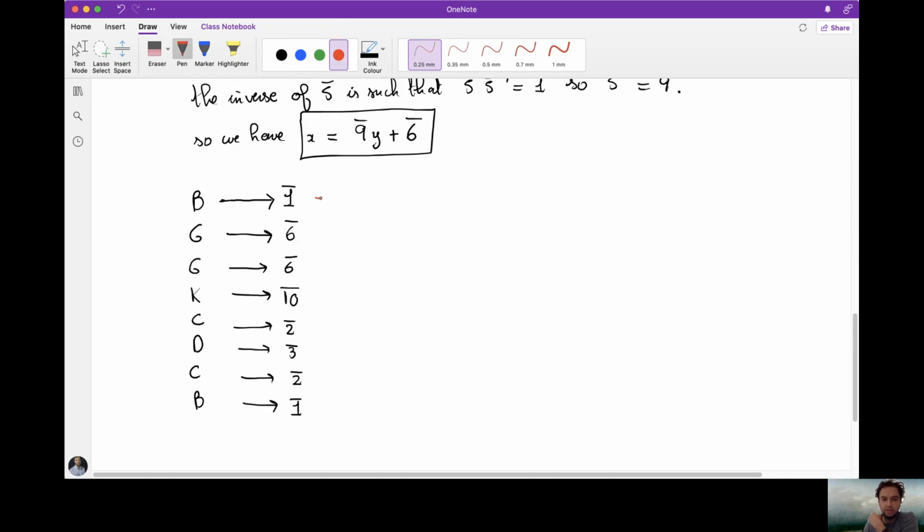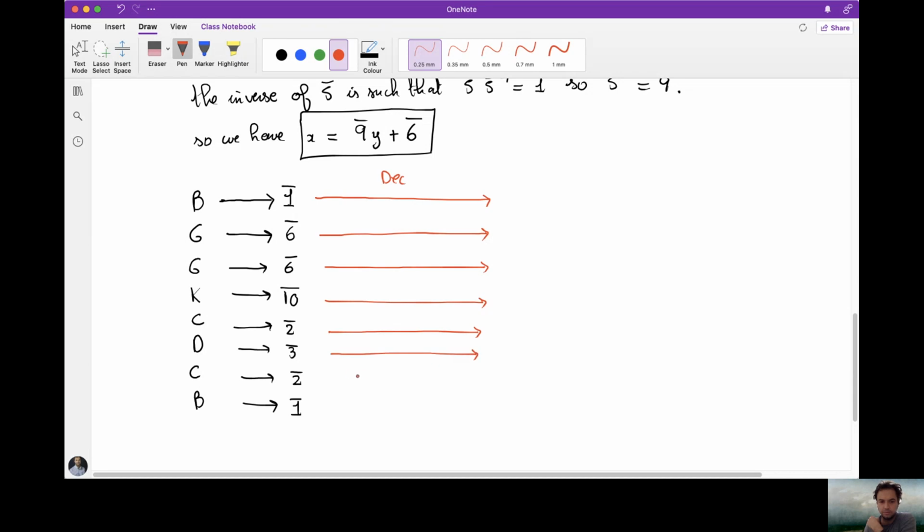So let's decipher all these letters here, using the red letter for deciphering. Let us apply it for the first one.